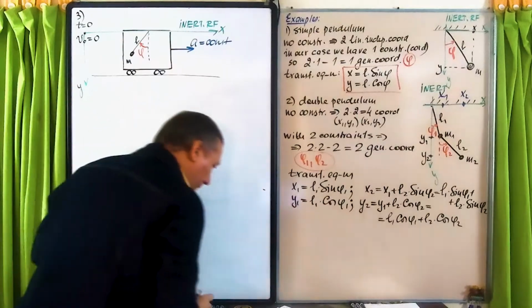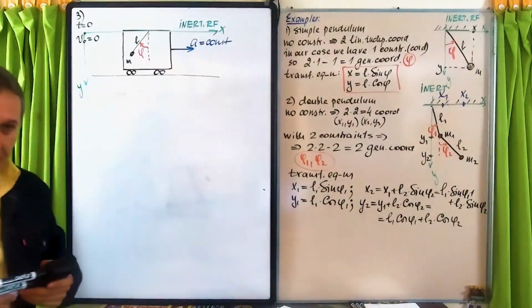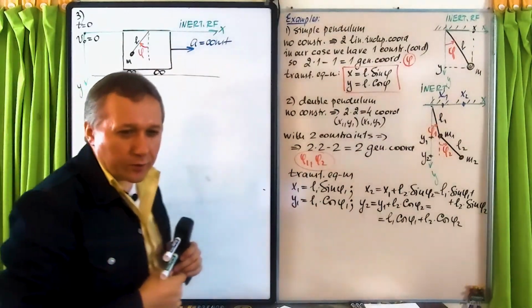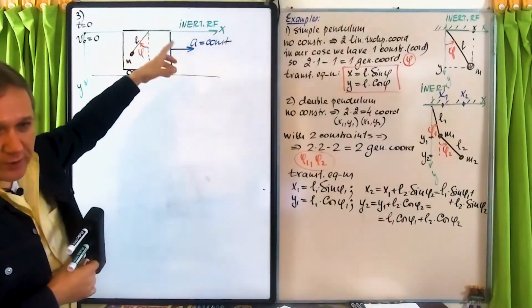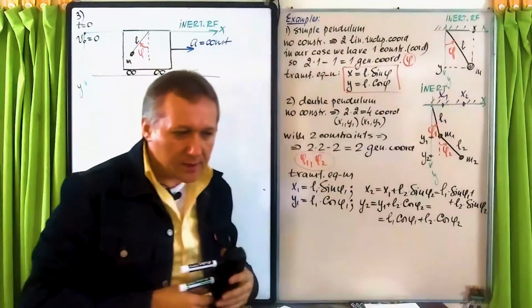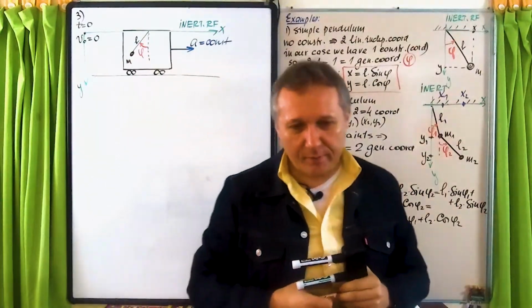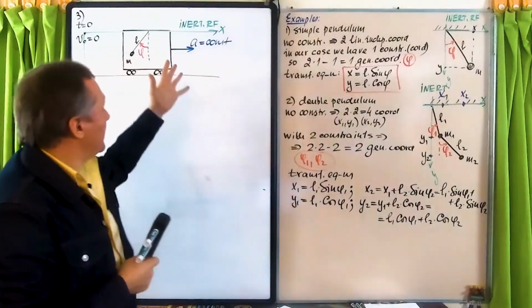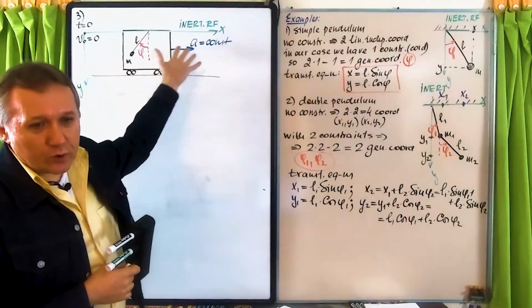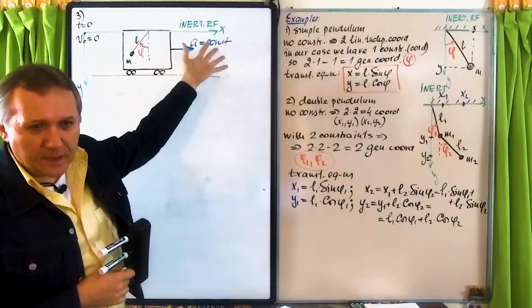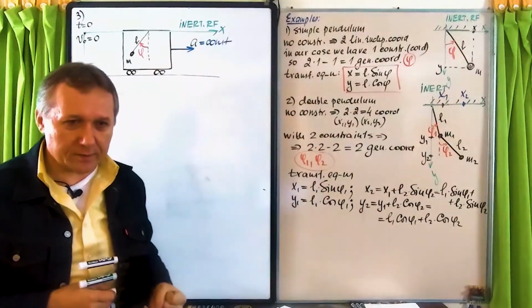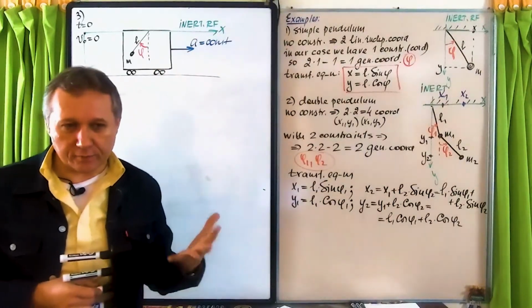I think I used phi. You can also introduce the position of this suspension point and treat it as a variable, but in this case I wouldn't recommend that, since we know the motion of this car, the car moves with constant acceleration, and we know how to describe that. So let's use that information.